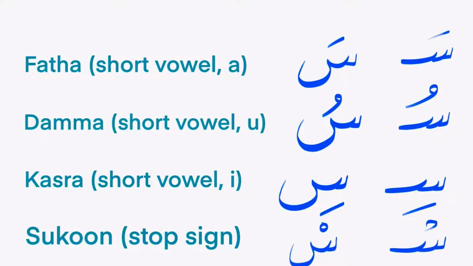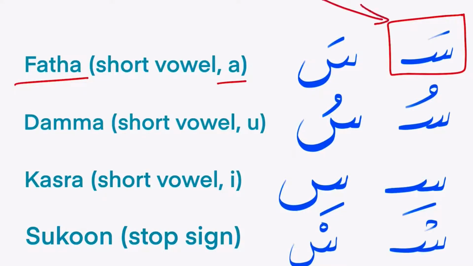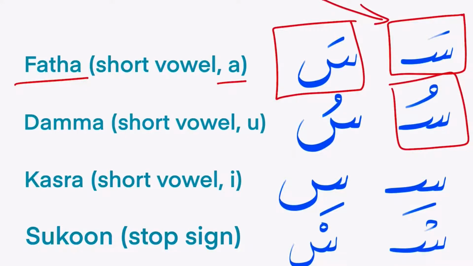So based on your experience from the previous lessons in this course, how would you read this letter? With a fatha, a. This becomes sa. What about the addition of a dhamma?